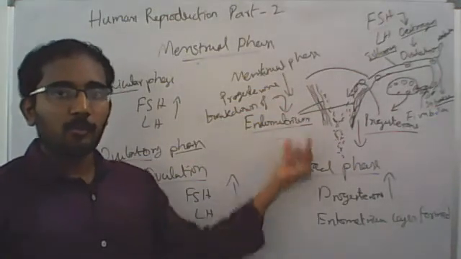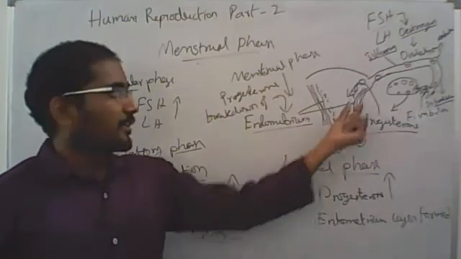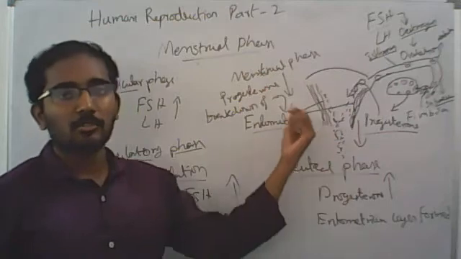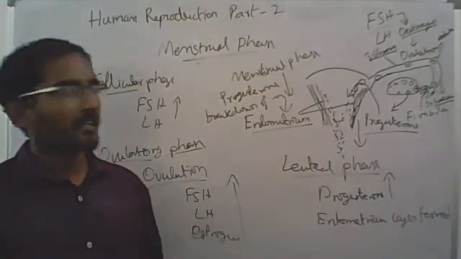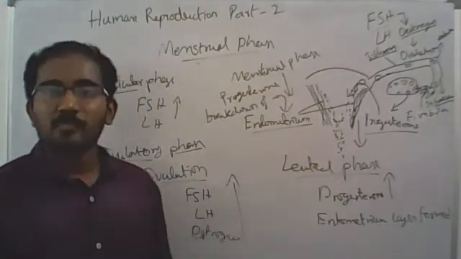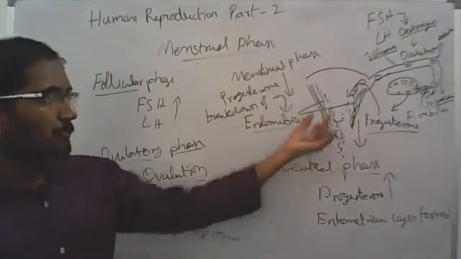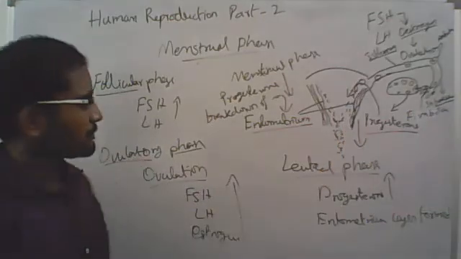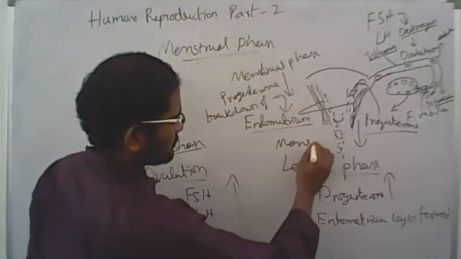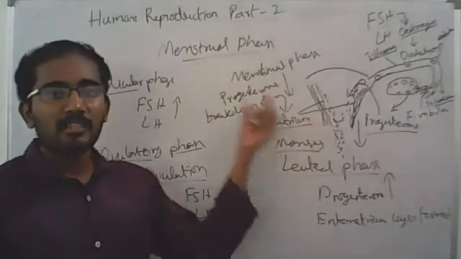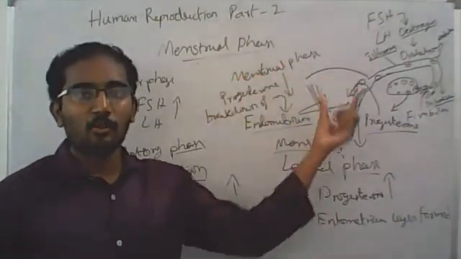Now the broken endometrium tissue and the unfertilized ovum are released through the uterus, reach the vaginal path, and are released from the body. Fine. So this process is called menses. This is how the menstrual phase goes on.